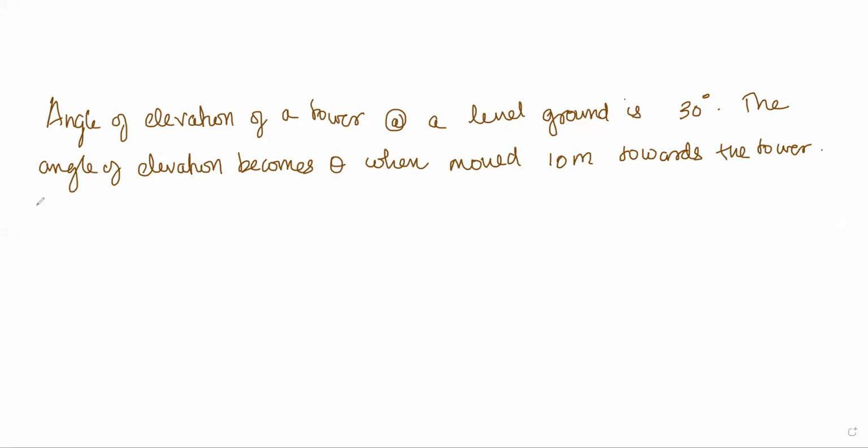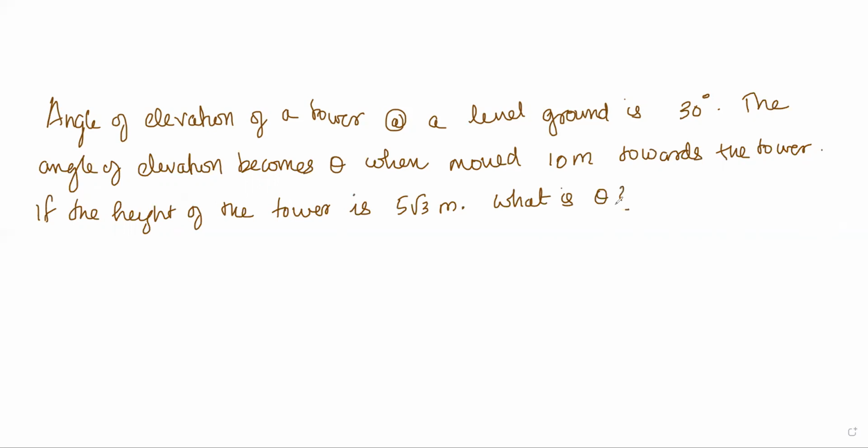If the height of the tower is 5 root 3 meters, what is the value of theta? Options: 45 degrees, 60 degrees, 75 degrees, 90 degrees. First of all, we'll draw the figure.